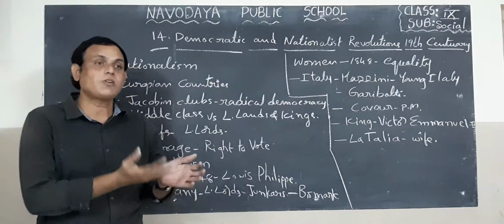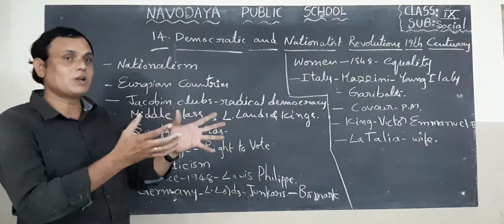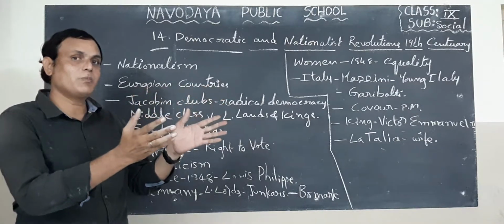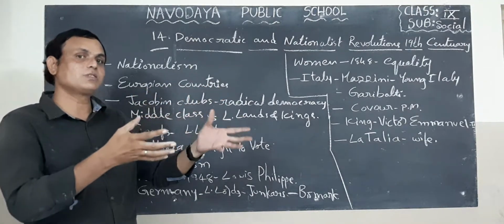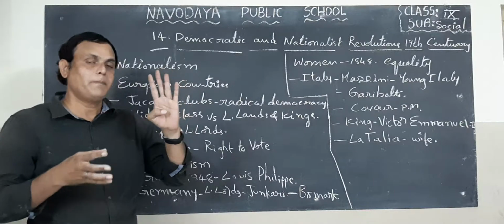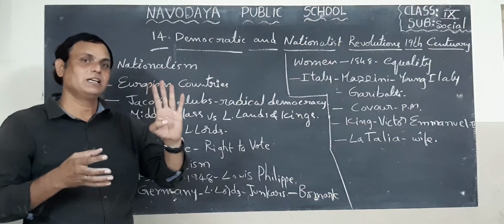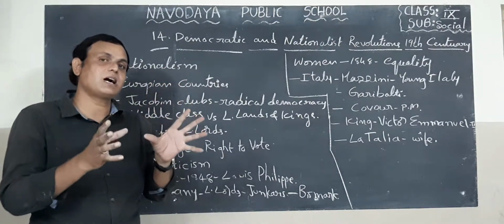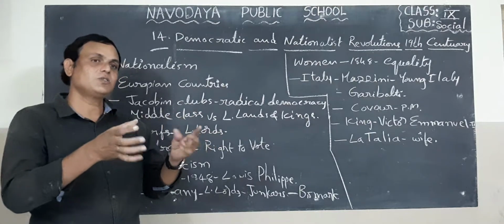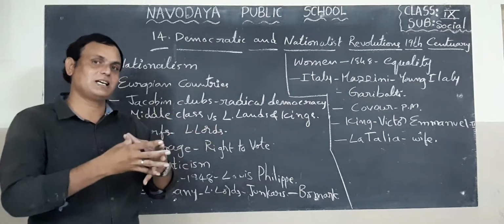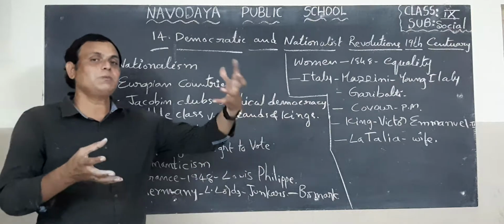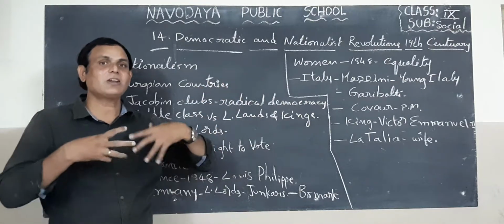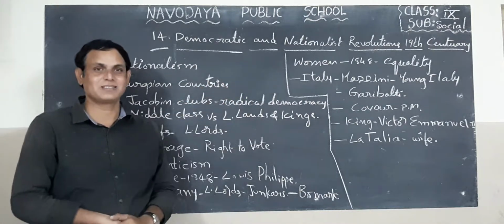Okay, children. After this, the French government rule went under 5 members. Those 5 members also did not rule effectively, so they conflicted with each other. That is why Napoleon Bonaparte came. He announced himself the Emperor of France.